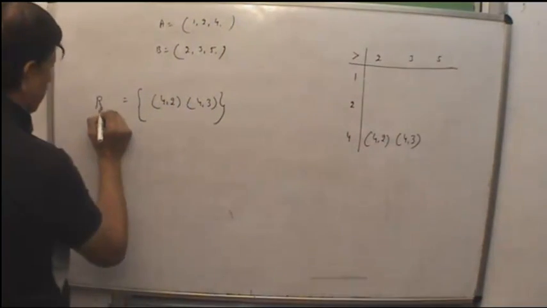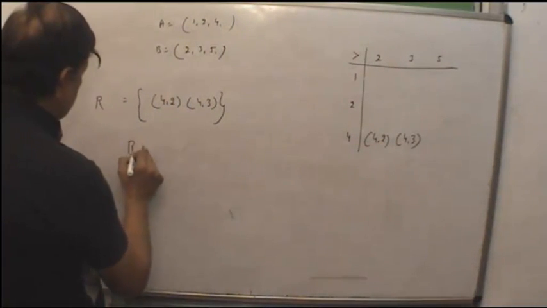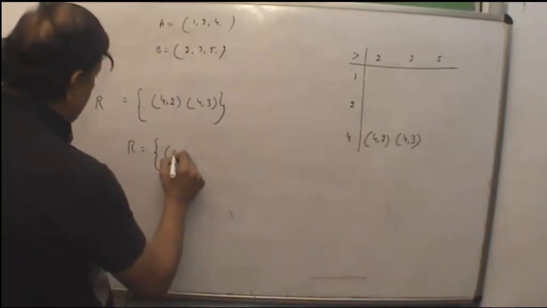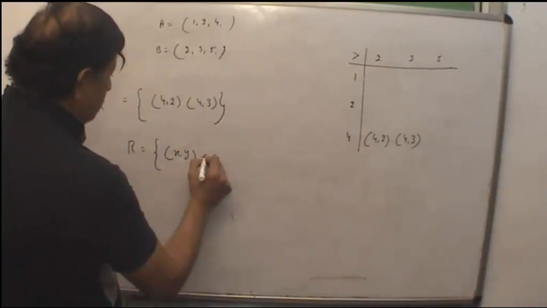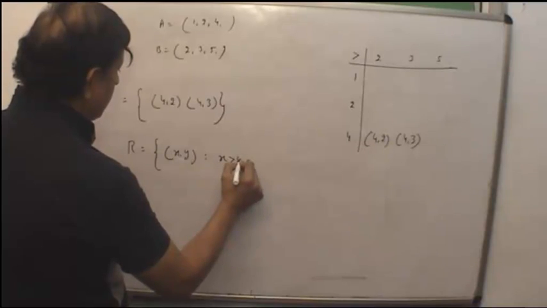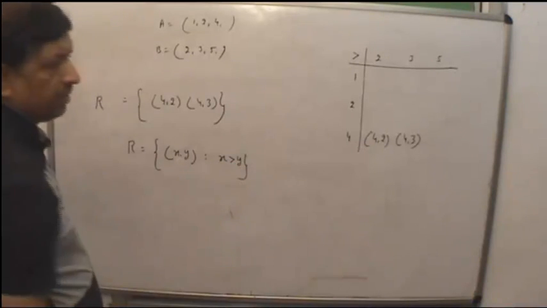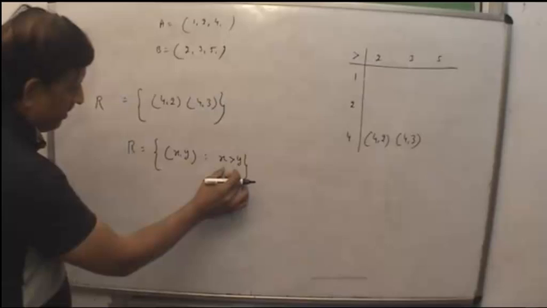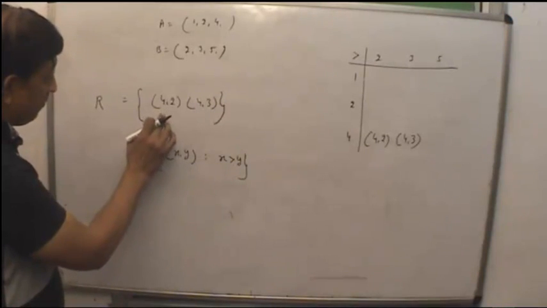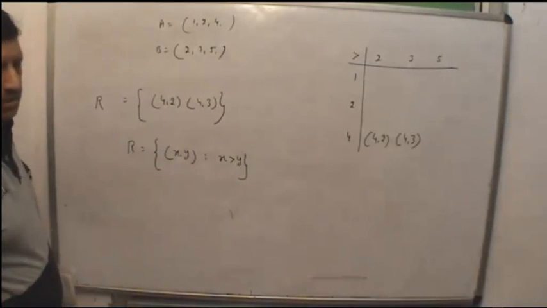We can write a relation like this: {(x, y) such that x is greater than y}. Here x is the first member and y is the last member.